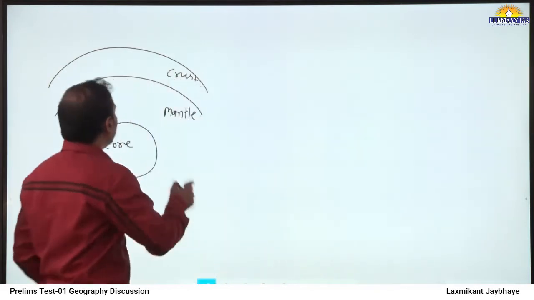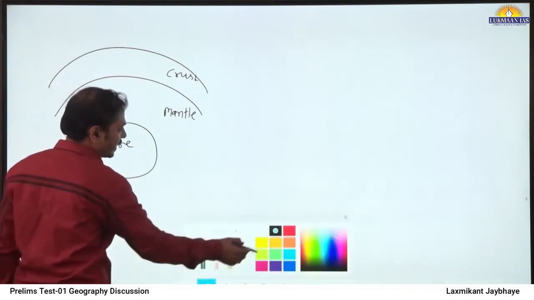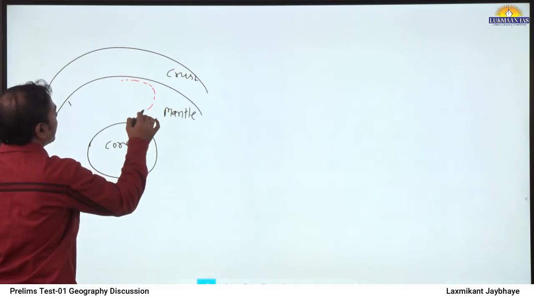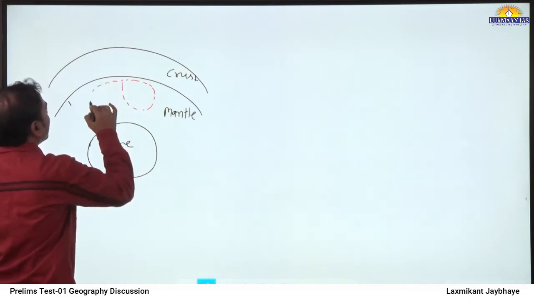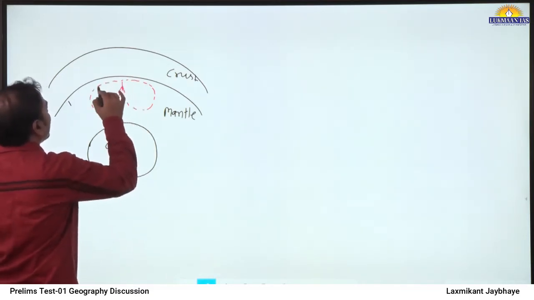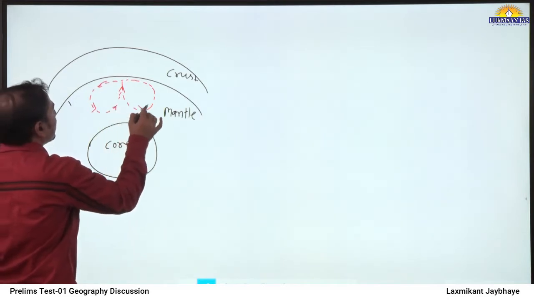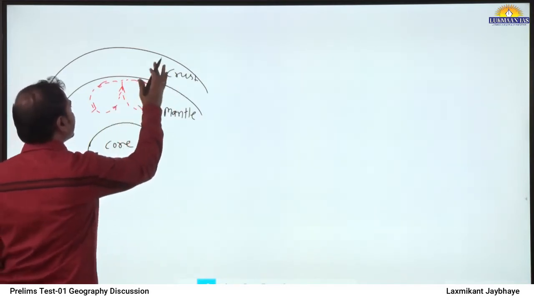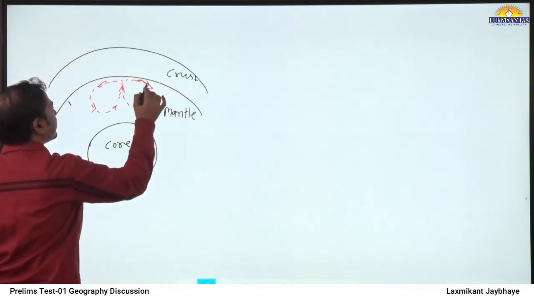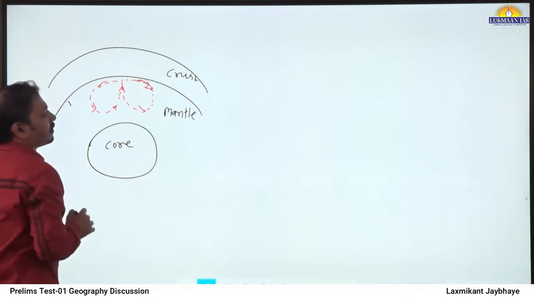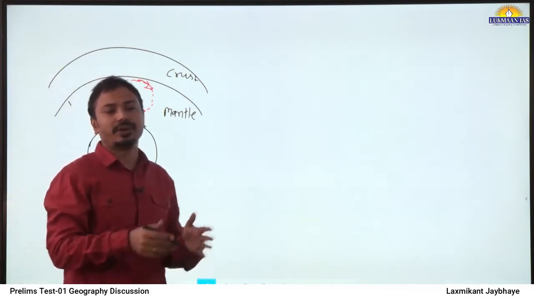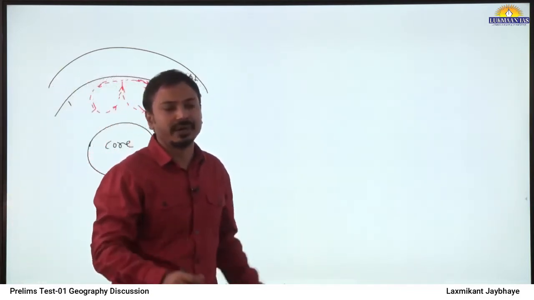So let me show that in red color, these are convection currents. Okay, so the molten magma is continuously moving according to the spreading hypothesis.